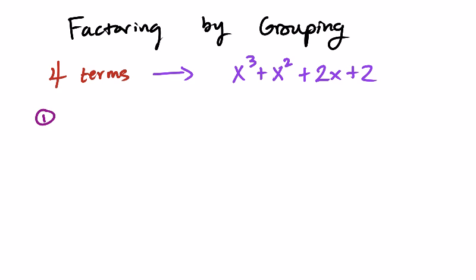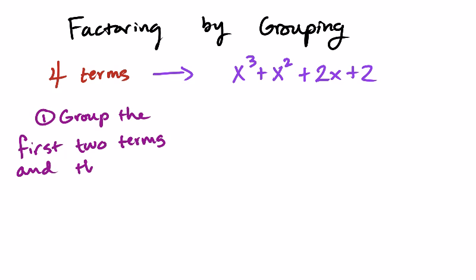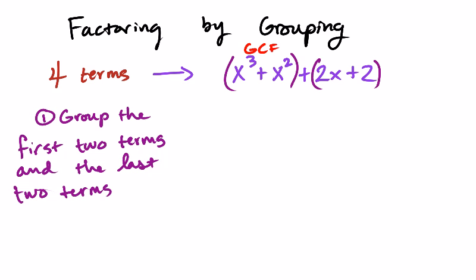So we're going to group the first 2 terms and the last 2 terms. So we're going to group the x cubed and the x squared, and we're going to group the 2x and the 2. And then after that, we're going to take out the GCF in each parenthesis.